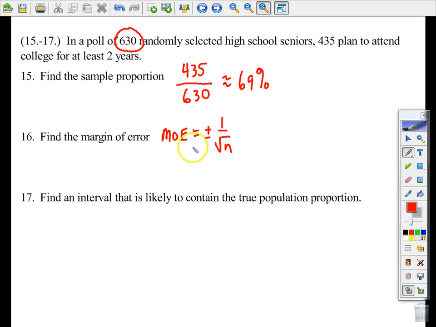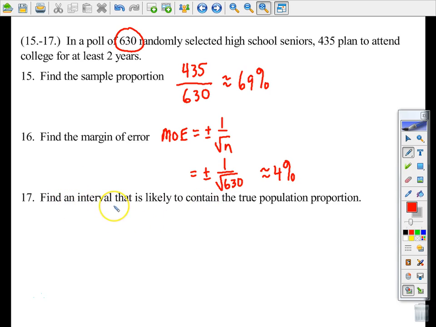So to find margin of error, I do plus minus 1 over the square root of 630 in my calculator. So let's do that. 1 divided by square root 630. My calculator says 0.0398, and then that's the decimal form. So we're just going to go to the nearest percent, and that would be 4%. Moving the decimal point 2 places to the right, and then just rounding to the nearest percent.